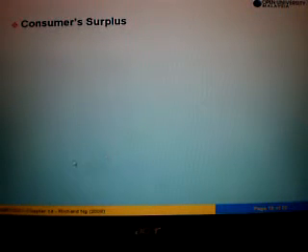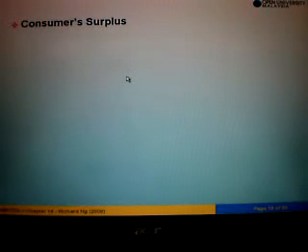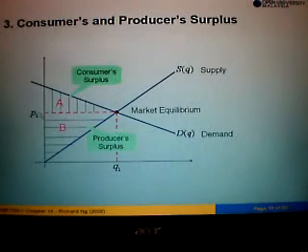Okay, so what is this consumer surplus actually? It is the total profit gain from the consumers' willingness to pay more than the market equilibrium price, which is the area A. If we look at the graph again, this is the market equilibrium point and this is the price P1 at market equilibrium.